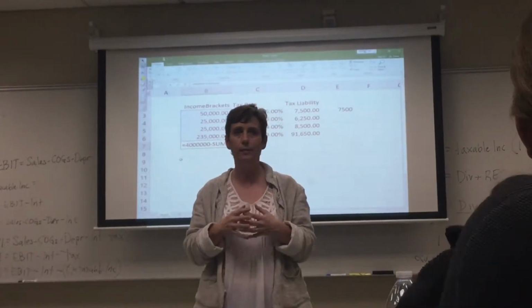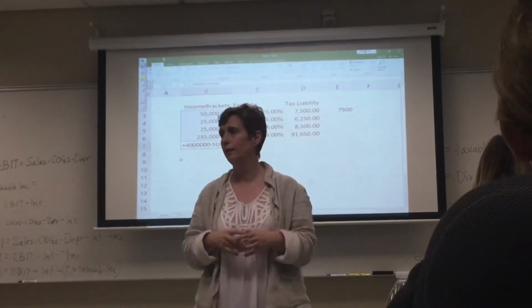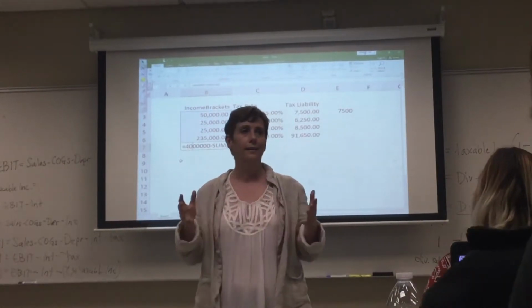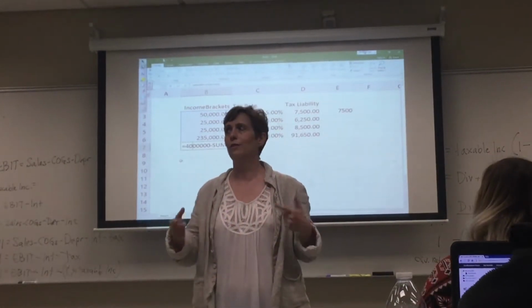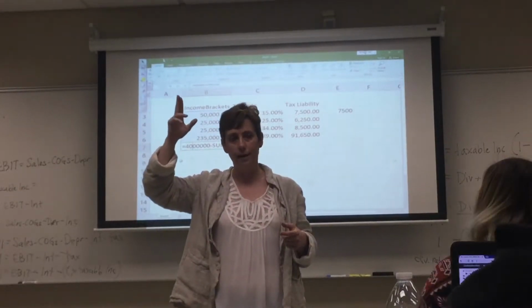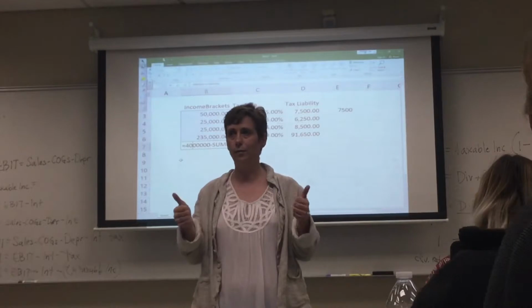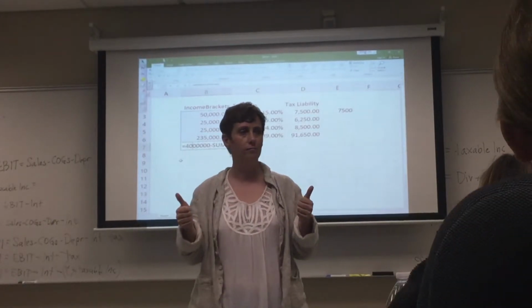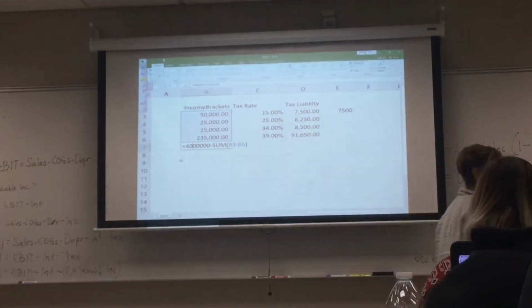Right? Does that make sense to everyone? It's all right in front of you. And you don't have to make the equations over and over and over again. You do it right on the first row, and then drag it down for the rest, and you're good to go. That makes sense?